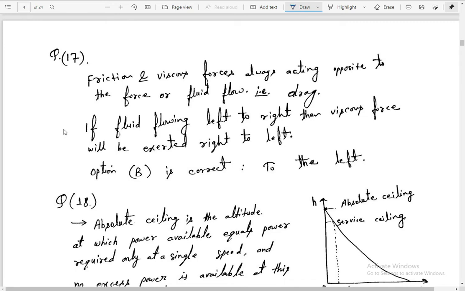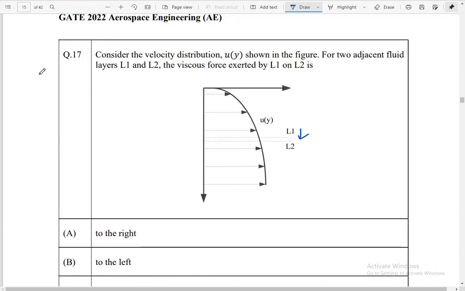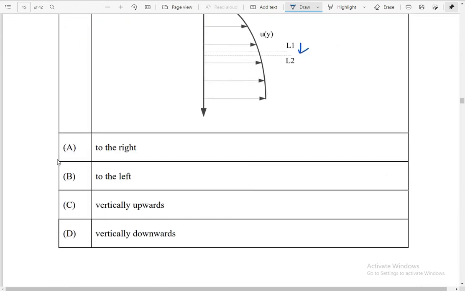If fluid flows left to right, then viscous force will be exerted right to left. So according to this concept, we can apply here, if the fluid is flowing left to right, then viscous force will be exerted right to left, opposite. So option B is correct, to the left.